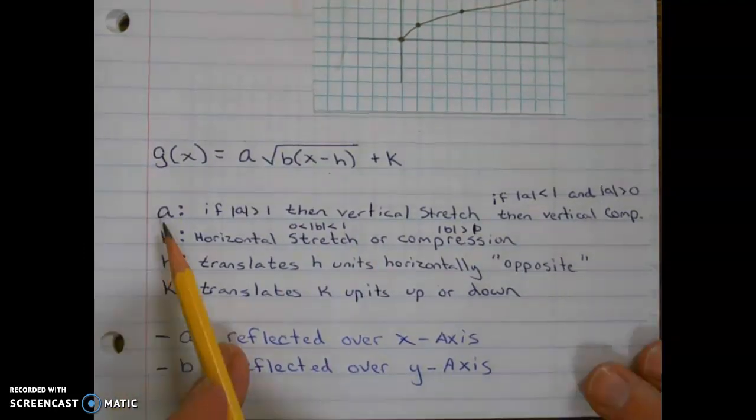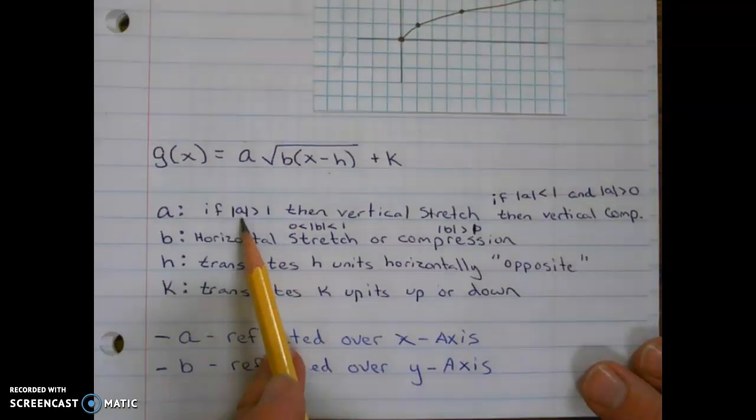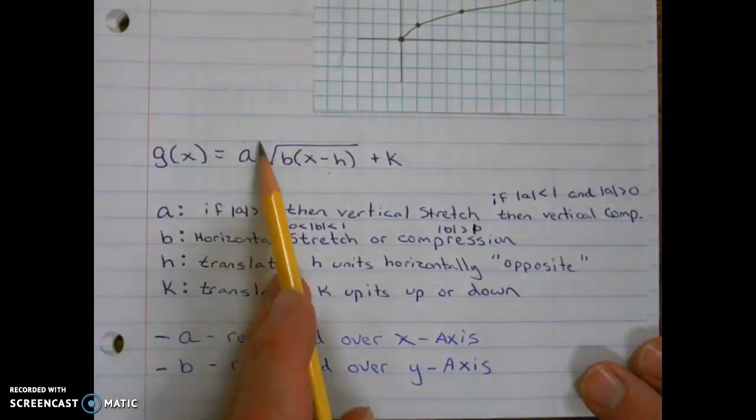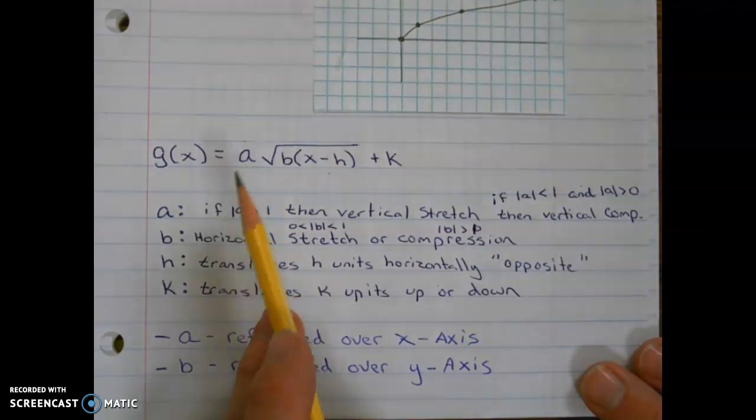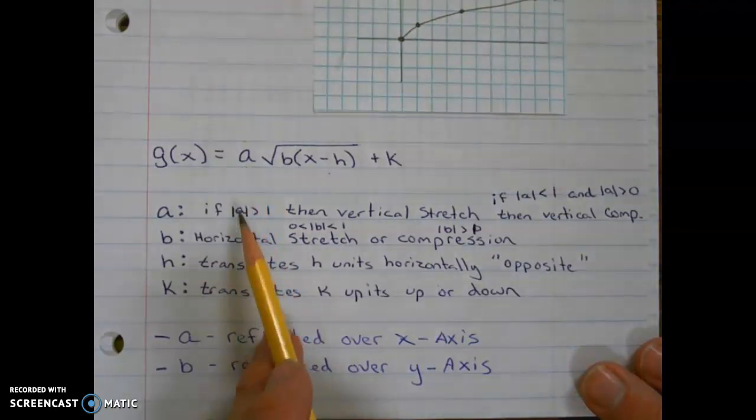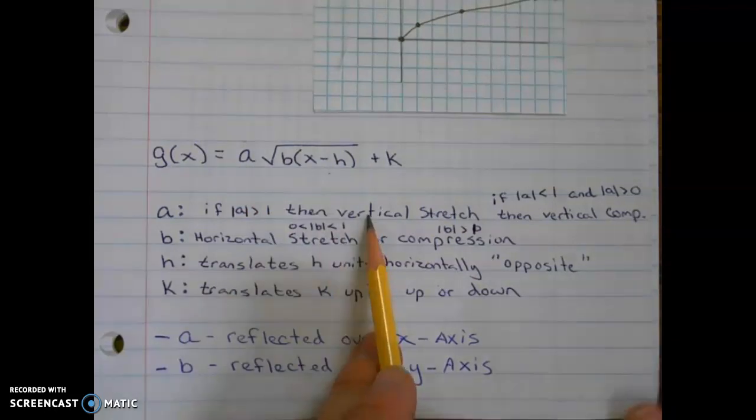So a, remember, I'm going to use absolute value this time because if a is negative, sometimes students get confused whether a is greater than 1 or less than 0 or what. But looking at the absolute value of a, if it's greater than 1, we have a vertical stretch.